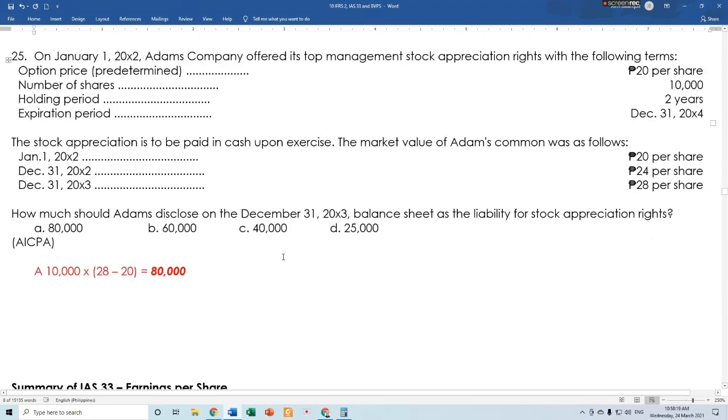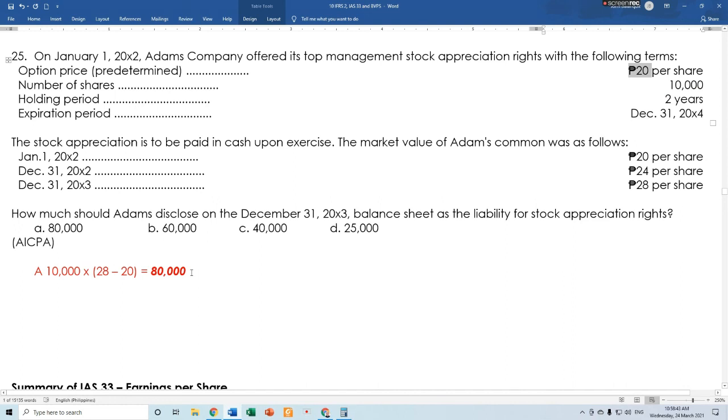Okay, number 25. I think this is a similar question doon sa taas kanina. Si Adams din yon. Okay, recognizes liability for stock appreciation rights? So similar computation, tinatanong sa atin yung balance sheet liability. So, kunin mo yung 28, ibawas natin siya doon sa option price na 20.